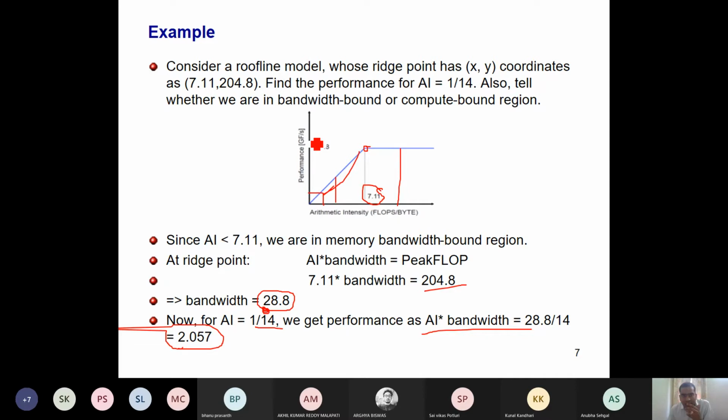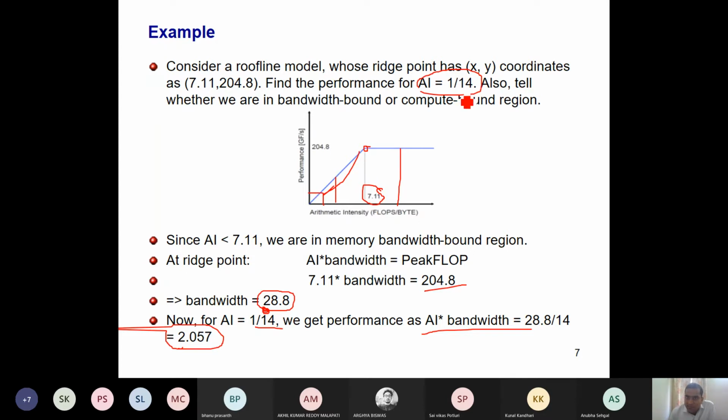Okay, so although this processor can give you up to 204 gigaflop per second, because this application has such a poor value of AI, we get very small throughput, very small performance. So you know that this AI is for a particular application, and this roofline model is for a particular processor.